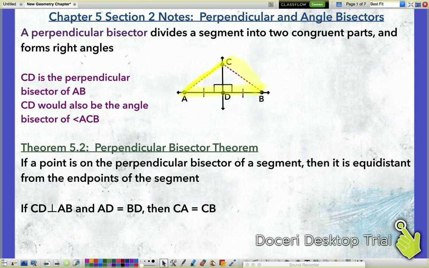Also, they're telling me that those are congruent as well, which will be important for later on when we're talking about this more.